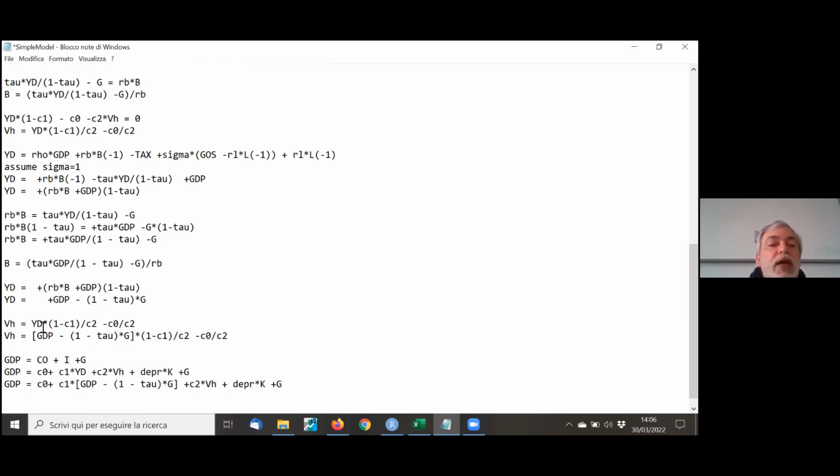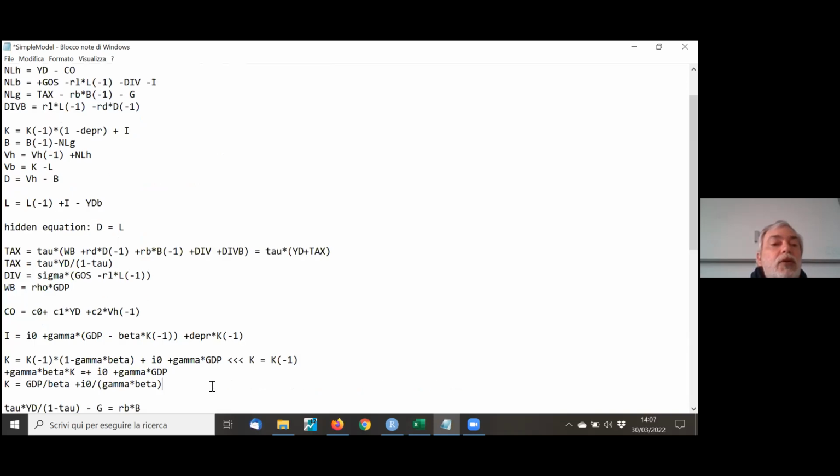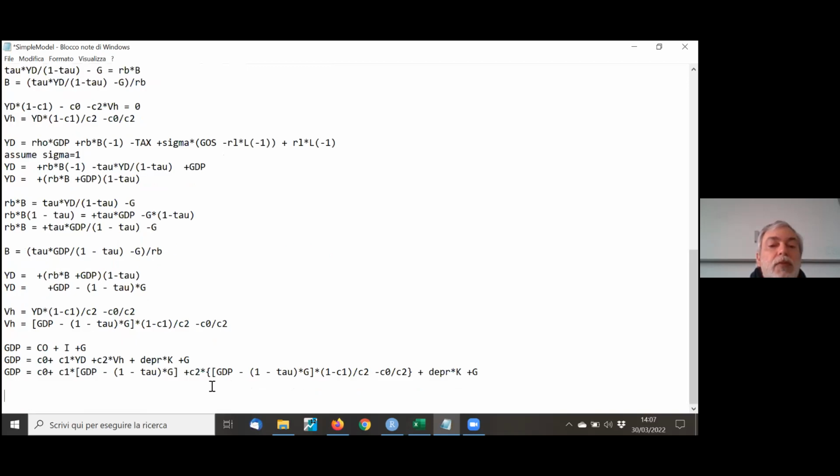Okay, now VH is this formula here. K, also we found K with respect to GDP. And so this is it. We just need to rearrange the terms to have our multiplier.